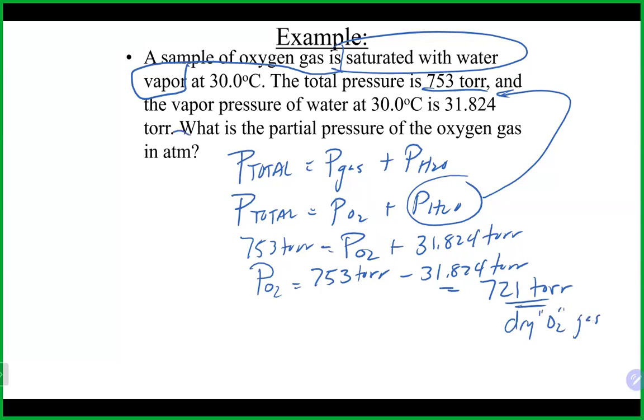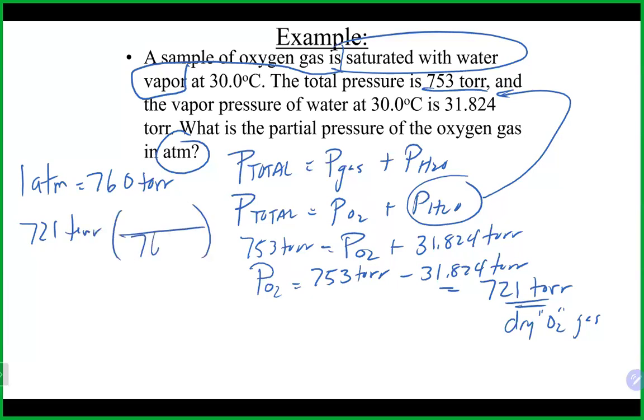Obviously here, though, they did want it in atmospheres, so we do need to use our conversion factor. 1 atmosphere equals 760 torr. So taking our 721 torr, dividing it by the 760, the torr units will cancel, and that's going to get us 0.949 atmospheres of oxygen.